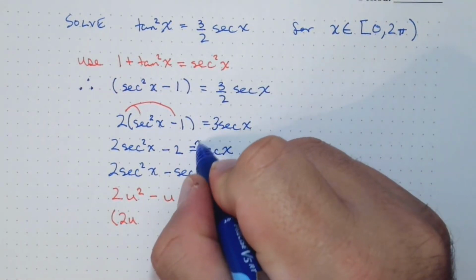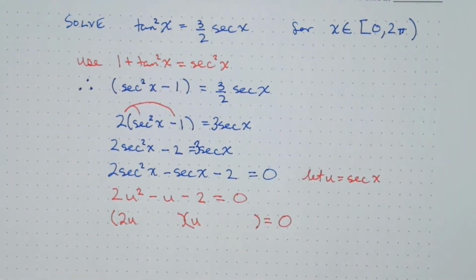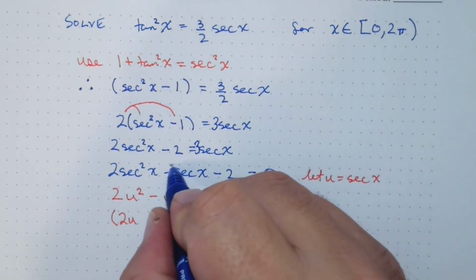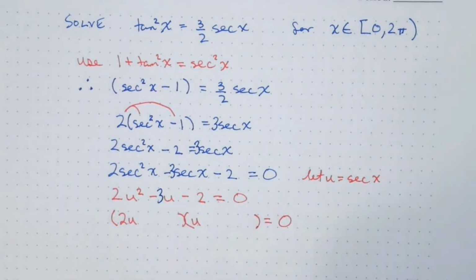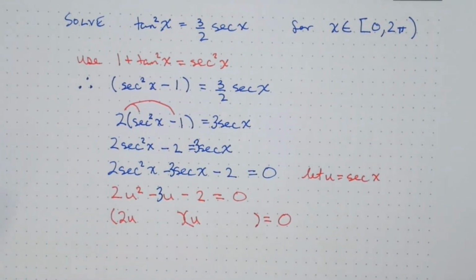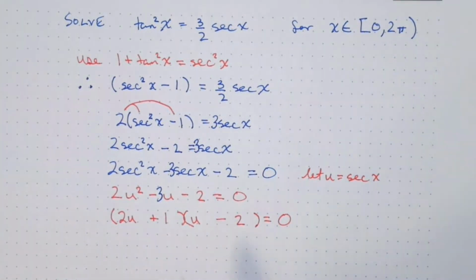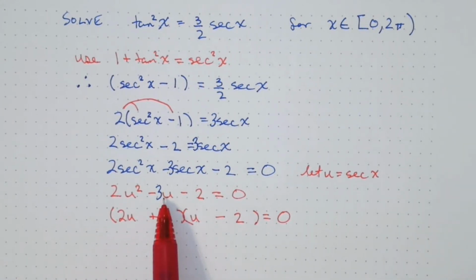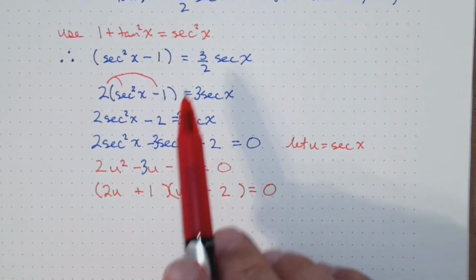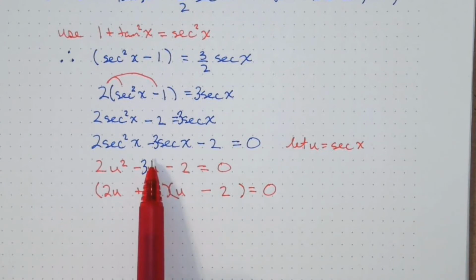Those are the types of mistakes you might make. Now I need a product of negative 2 and a difference of negative 3. If I put a negative 2 here and a positive 1 there, 2u times negative 2 is negative 4u, 1 times u is positive 1u, so that gives me negative 3u, and then minus 2. It does work. You just have to be careful making sure your work carries through the whole way.